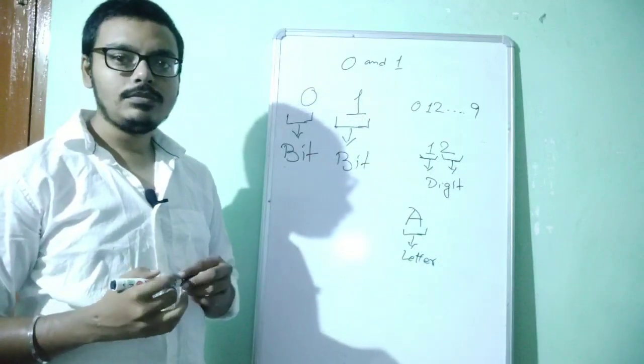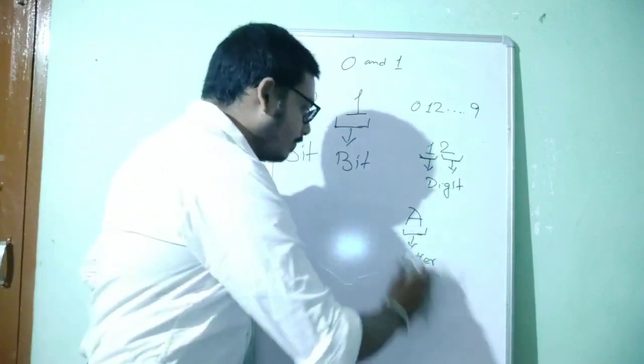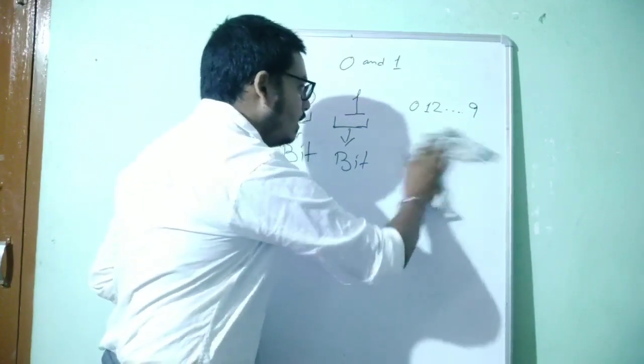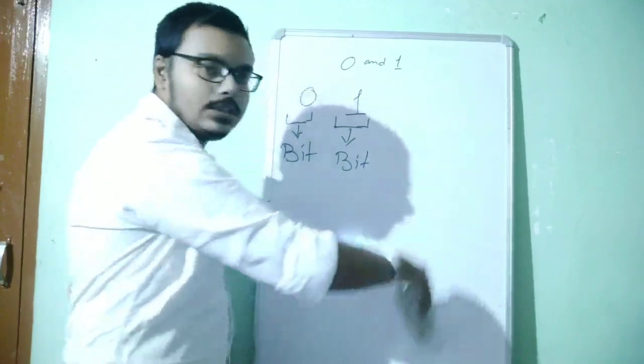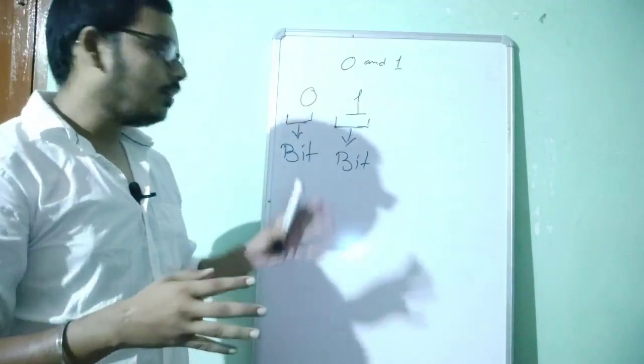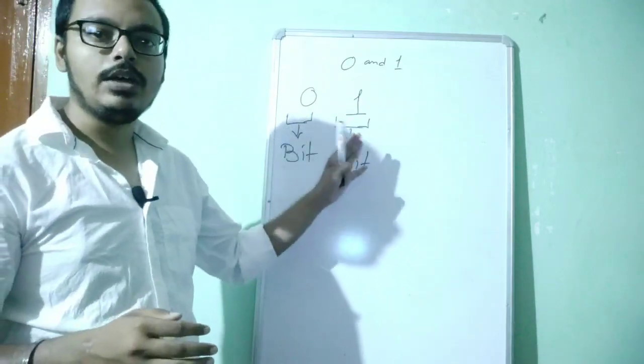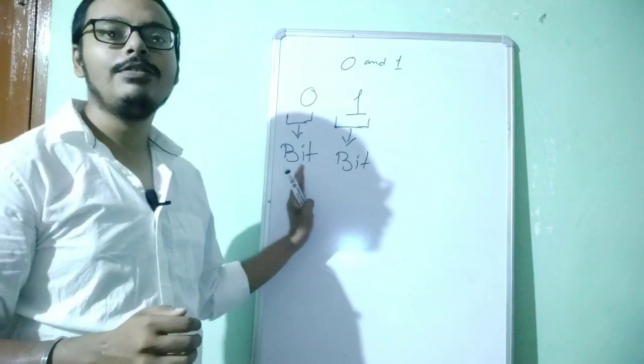Okay, so every piece of information in a computer is a combination of what? A combination of zeros and ones, that means a combination of bits.